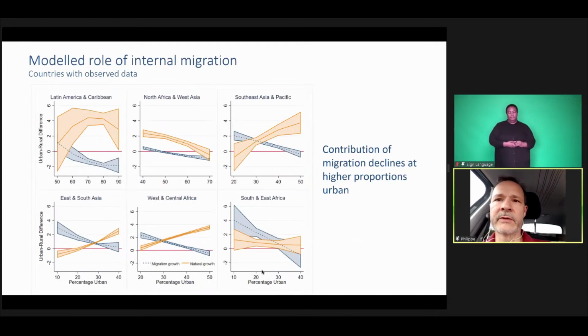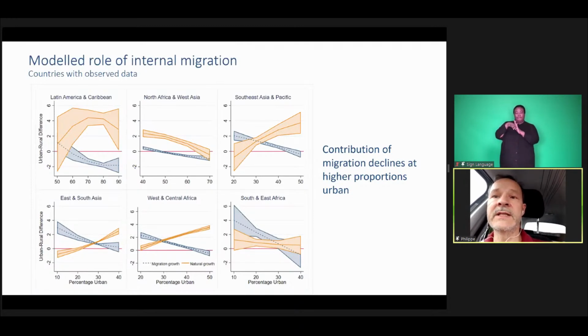Now with our method, with some modeling, we can see the contribution of respectively migration growth and natural growth. Natural growth is in orange, and migration growth is in blue. You can see that as migration growth is declining and actually becoming negative in many parts of the world, the contribution of natural growth is increasing and almost always positive.